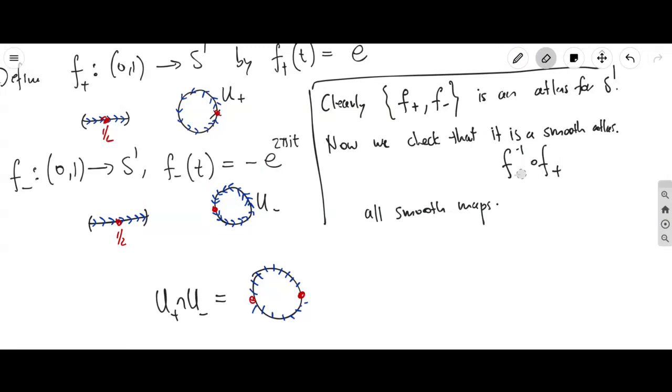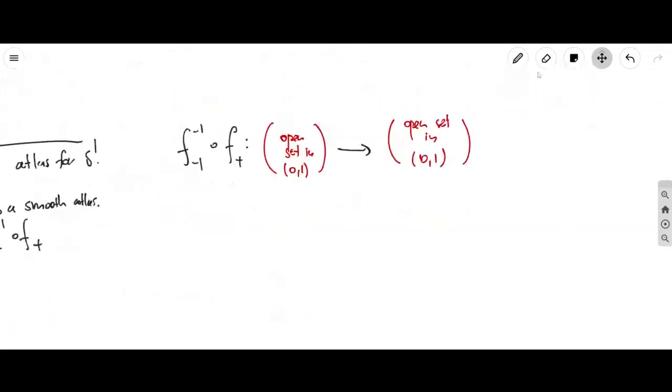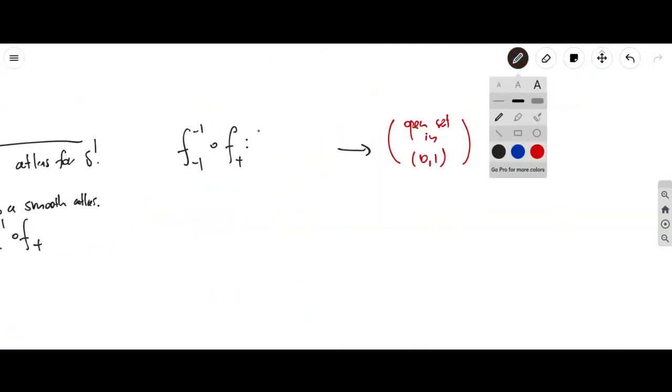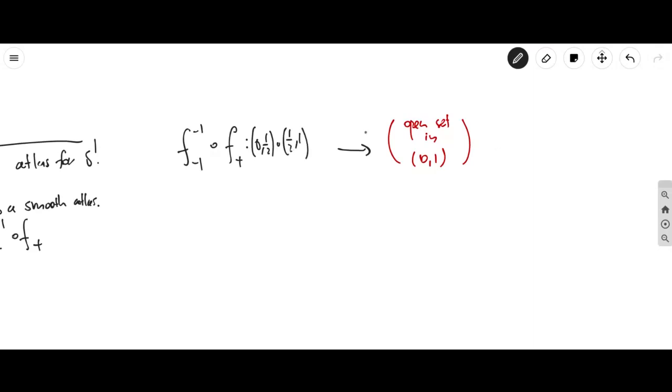And so this composition is going to go from this set to that set. So more specifically, this is going to map 0 to 1/2 union 1/2 to 1 to 0 to 1/2 union 1/2 to 1. So it's basically everything just minus that point at 1/2.